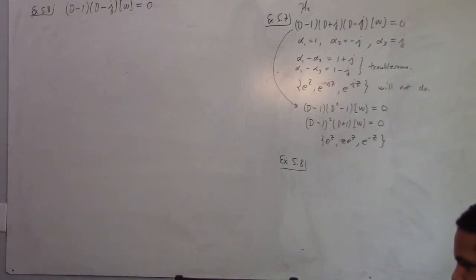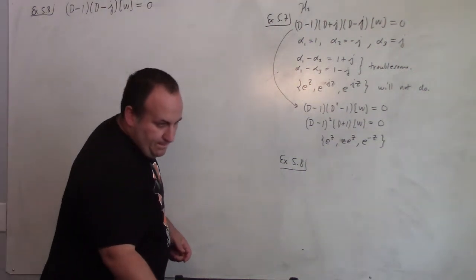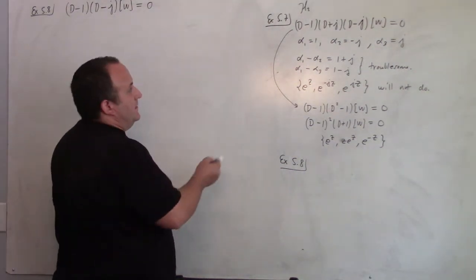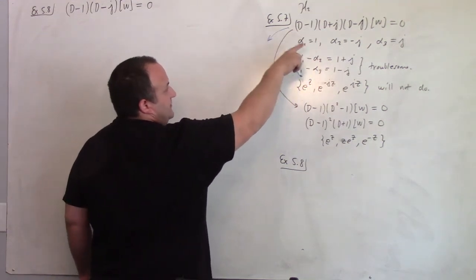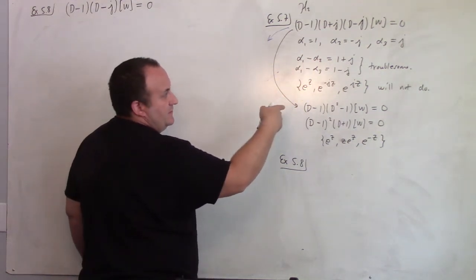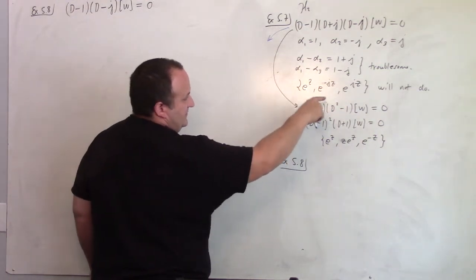Now the thing about example 5.7 is if you were to look at that in what you might call standard form, so like this one, if you were to just write it out in terms of prime notation, it's more clear from here what it is.